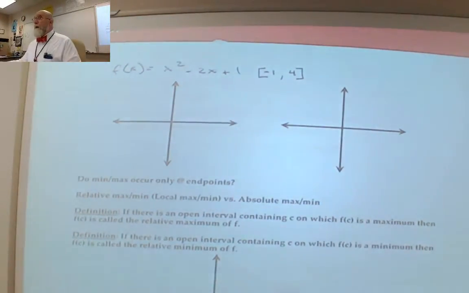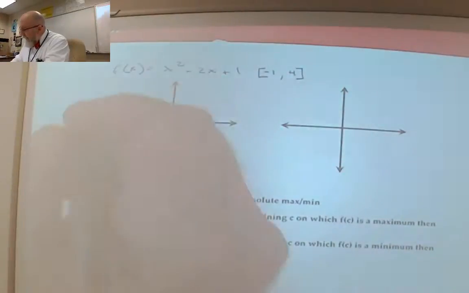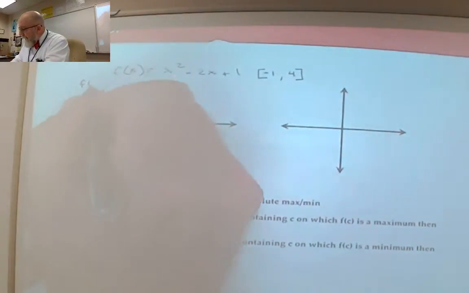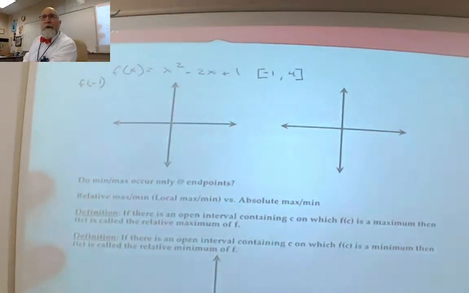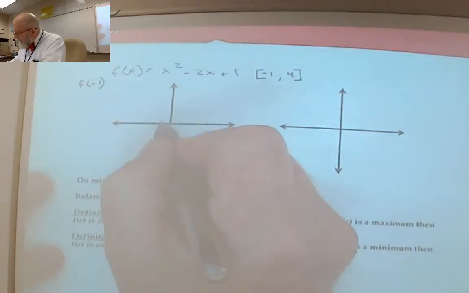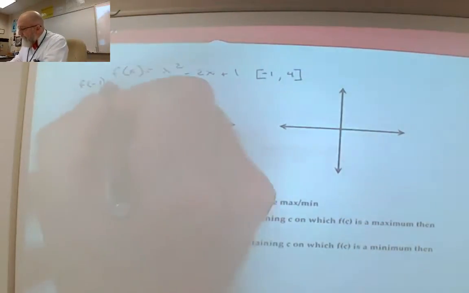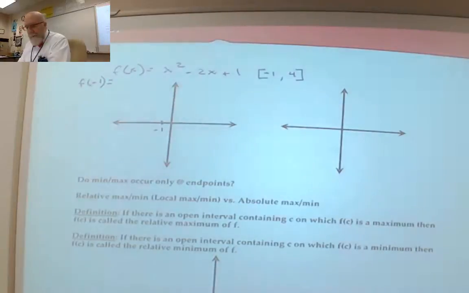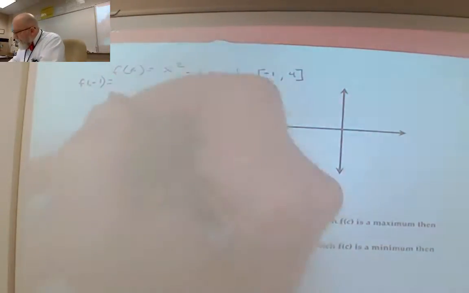Okay, so I'm not talking about the whole parabola. Everybody understand that? So the first thing I'm going to do is plug in -1 because that's my left endpoint. And what do I get when I plug -1 into there? 4.